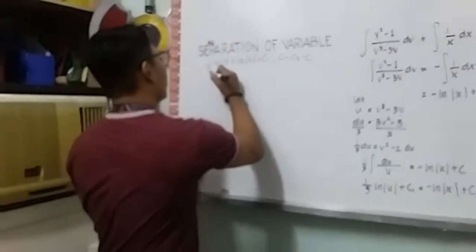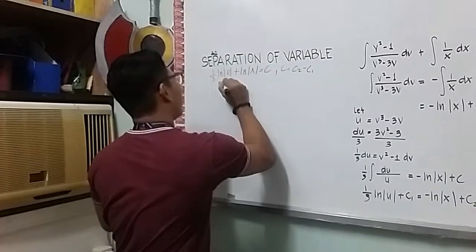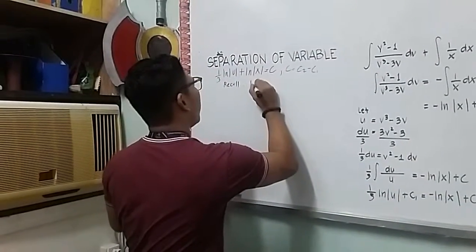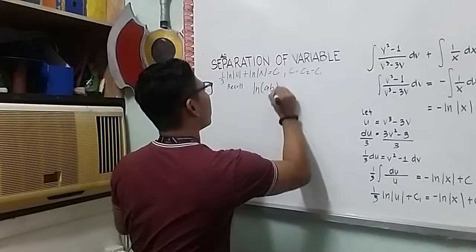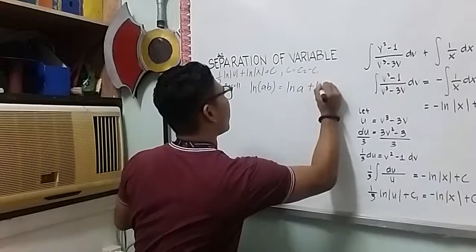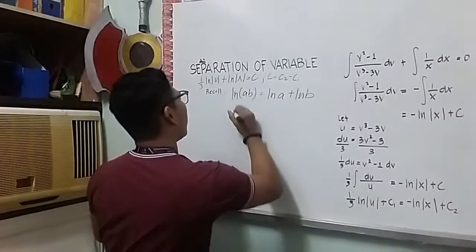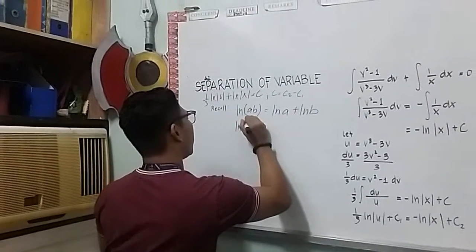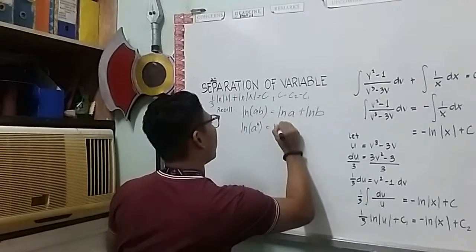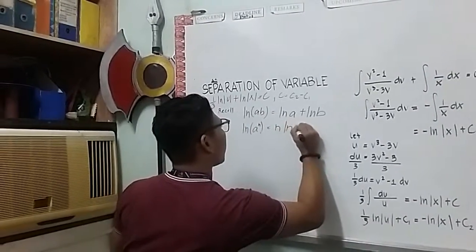So let's recall the properties of the natural logarithmic function, which are ln ab is equal to ln a plus ln b, and ln a to the power of n is equal to n ln a.